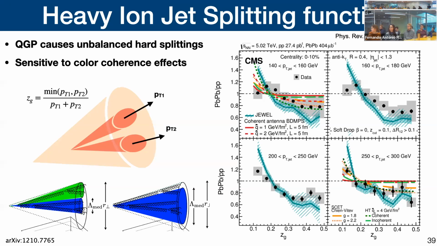If they're unbalanced, so this one has more momentum, for example, then you have a value lower than 0.5. If you focus on this top left block, you can see from the data that this is not 1, this actually rises, which means that when you put this in a medium, you favor more unbalanced splittings.